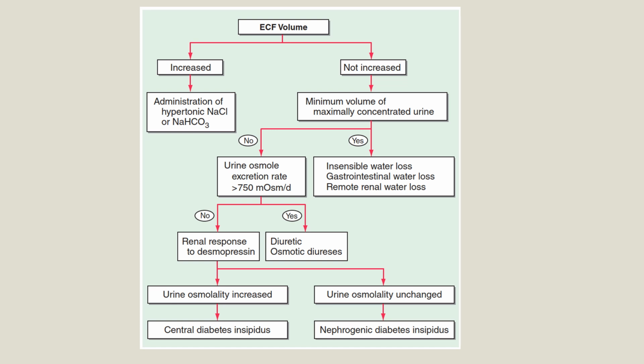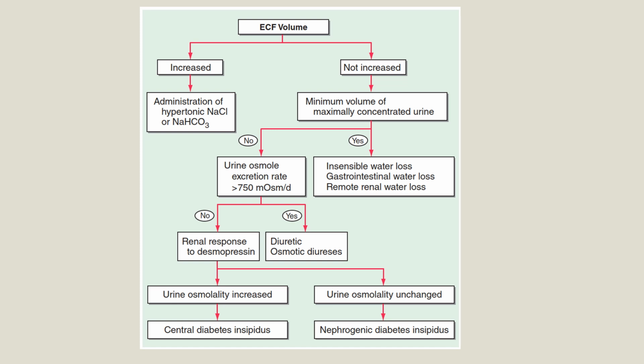The first step we have to do is to determine the extracellular fluid volume. If the ECF volume is increased, then we start by administration of hypertonic sodium chloride or sodium bicarb. Now, if the ECF volume is not increased, then we check the urine for tonicity and volume.